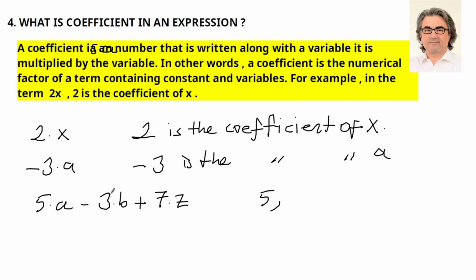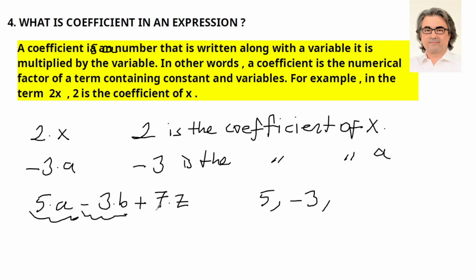And let's come to the second term. On the second term, minus 3 is the coefficient of b. The term is minus 3 times b. It means minus 3 is the coefficient of b. Minus 3 is the second coefficient in this expression.